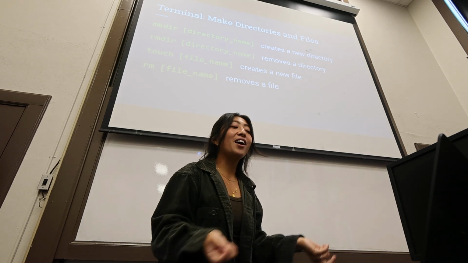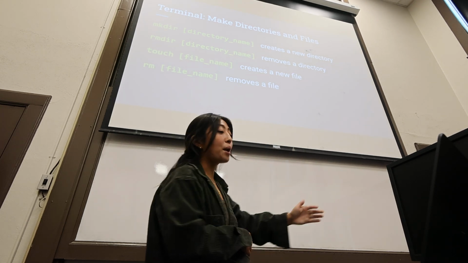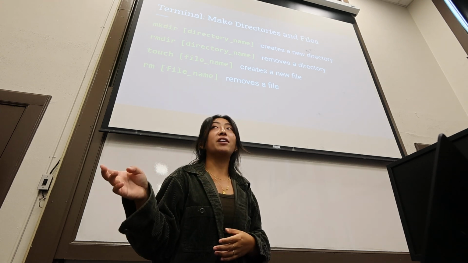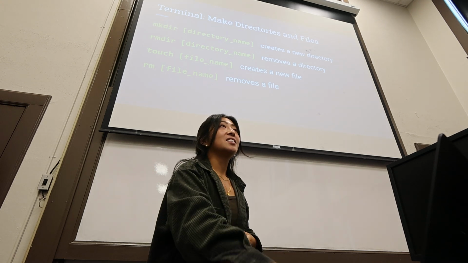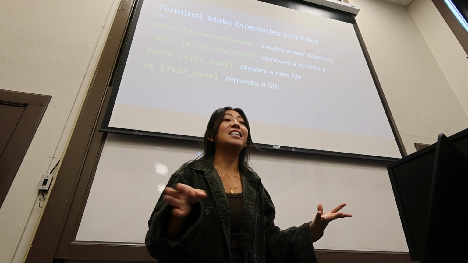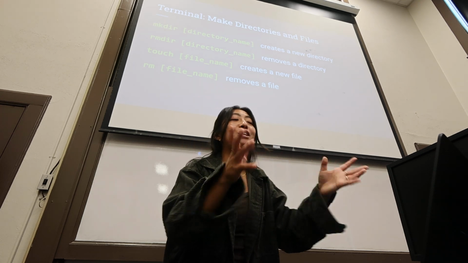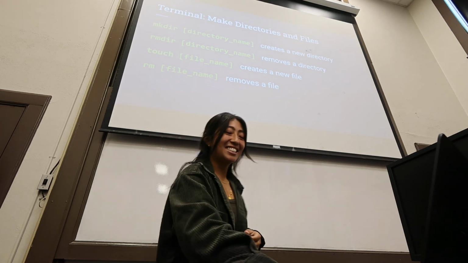If you want to create a new file, you can do touch and then the file name, and then rm, remove, to remove that same file. These are the most common commands that you would probably see and use, and I do these commands all the time. But anything more than that, you probably don't really need to know.